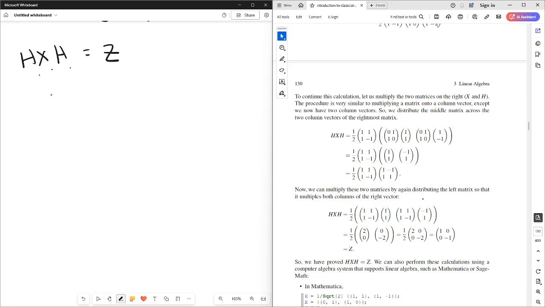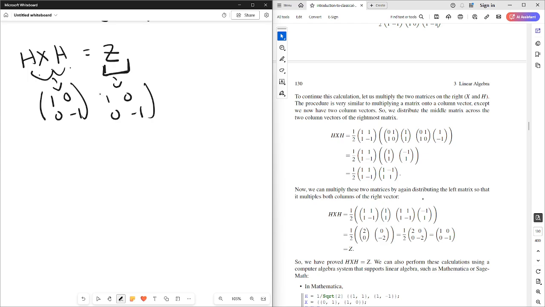Essentially, once we take these various matrices and multiply them through, we wind up with the exact same form of Z. So this is equivalent to 1, 0, 0, negative 1, as is this. So these two forms, applying an H, an X, and an H, you're basically just applying a Z gate.